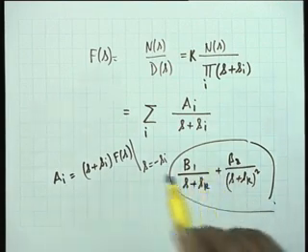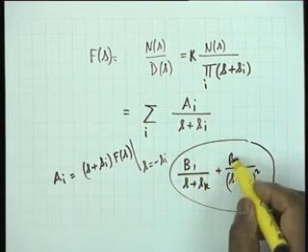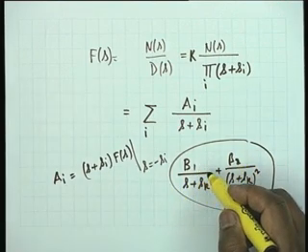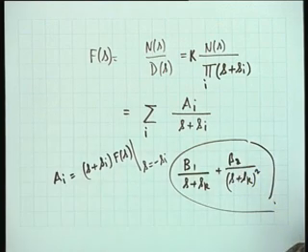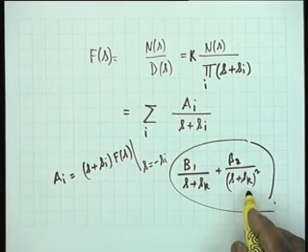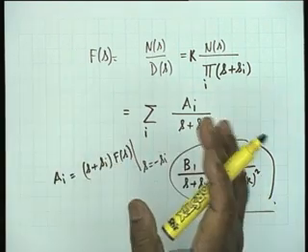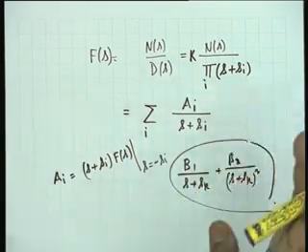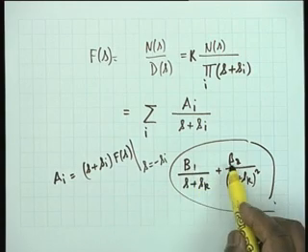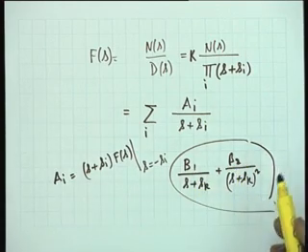Then there are two residues, b1 and b2. b1 is called the first order residue and b2 is called the second order residue. Obviously b2 can be found out by multiplying by s plus sk whole squared on both sides and putting s equal to minus sk, and to find out b1 you will have to differentiate the function once. That must have been done while doing Laplace transform, right. This constant or these constants are called residues.